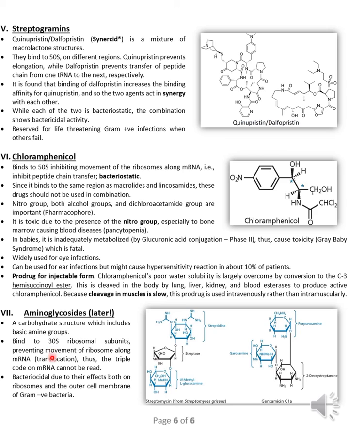They bind to the 30S ribosomal subunit and prevent the movement of the ribosome along the messenger RNA, so they inhibit the translocation. So the triplet code cannot be read. They are bactericidal, not static, because of their effects on both the ribosomes as well as on the outer cell membrane of the gram-negative.